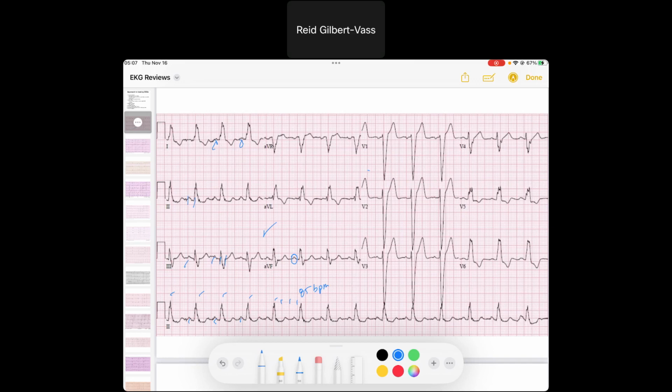In my lateral leads, I see RSR prime, RSR prime, and I see deep, slurred S waves in V1 and V2, so we're getting late forces in the lateral leads. This rhythm is a normal sinus rhythm with a left bundle branch block.